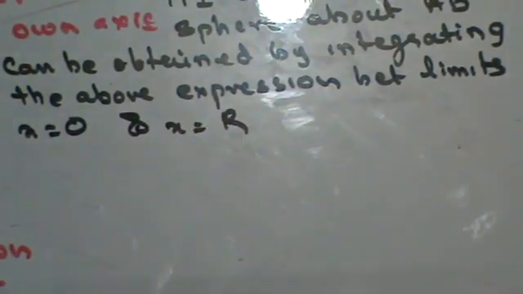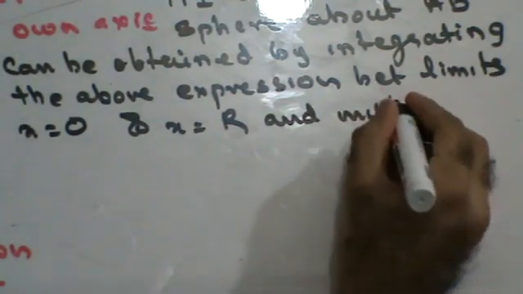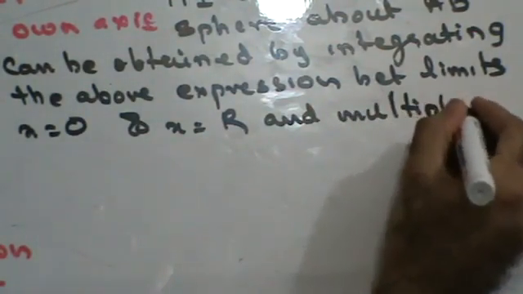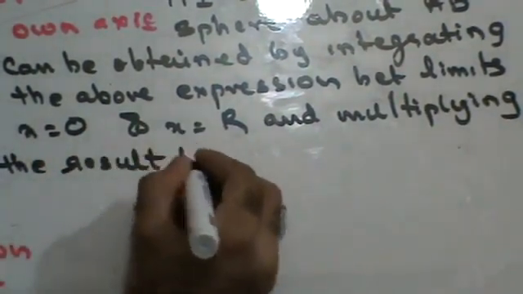That means if I move from 0, that is from the center, to one end of the sphere, it will be the radius, and then multiplying it by 2 because I have it on both sides, multiplying the result by 2, right?